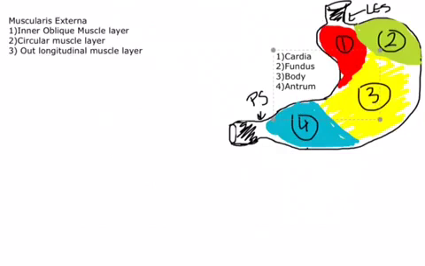And then we have the outer longitudinal muscle layer. It's not as complete as the circular. It appears on the top here, the longitudinal layer, and then it's not really here in the middle, and then it appears again in the bottom layer. It increases in thickness towards the duodenum, which is right here.